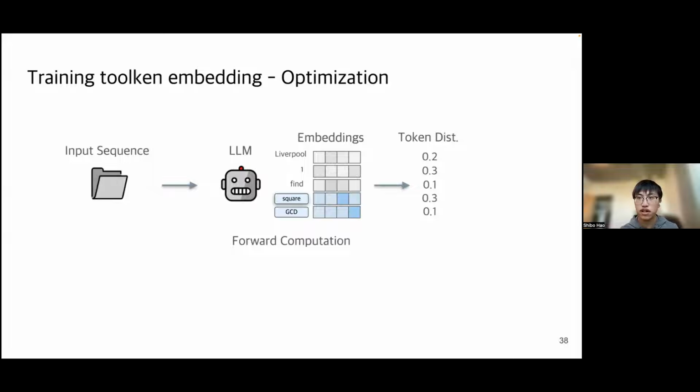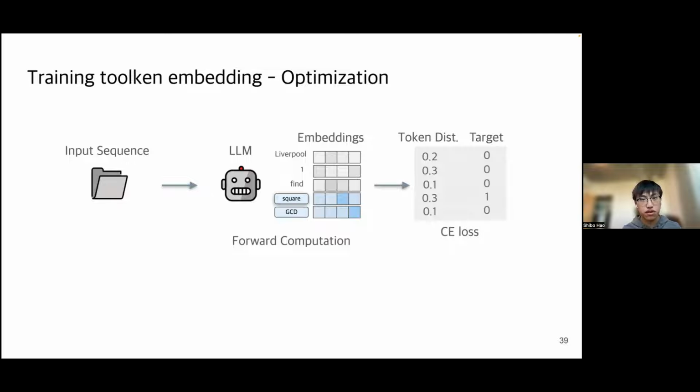And we'll calculate the next token distribution with a forward pass, every time we want to predict the next token, and that's the forward computation.